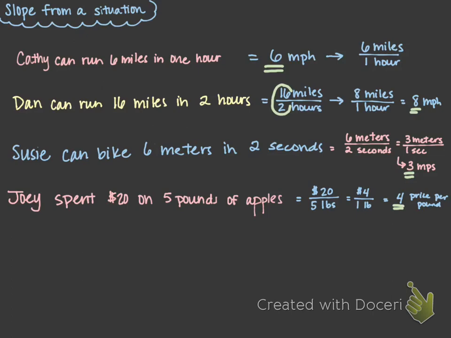And I can continue to increase my rates, but the nice thing is with simplifying the fractions, I will always get the same slope. So that's kind of the nice thing with slopes from different situations. No matter how large the numbers are, we can always reduce that to the same exact value.